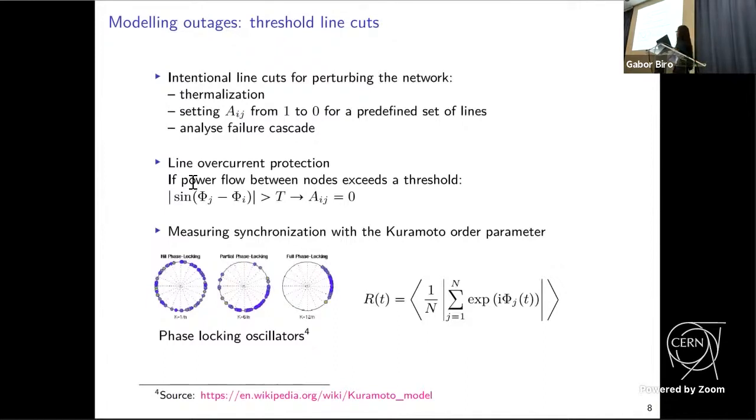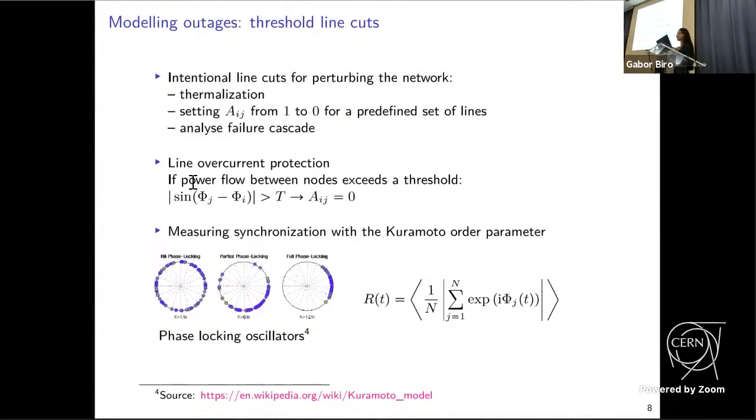And during this process, we measure important measures like the Kuramoto order parameter. So the Kuramoto order parameter shows us the overall synchronization of the graph. You can see on the visualization on the left side how a system can look when it is fully desynchronized.